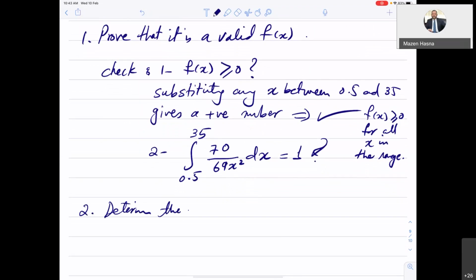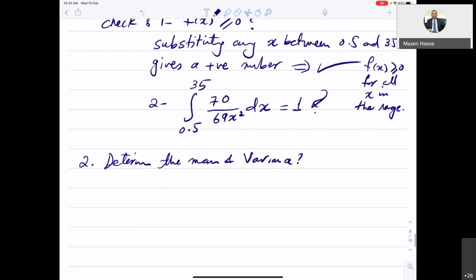Of course, I can ask to determine the mean and variance, and very simply again, you just apply the rule for the mean: 70x over 69 x squared. Then this becomes tricky because it's 1 over x. Then you should know that the integration is the log.